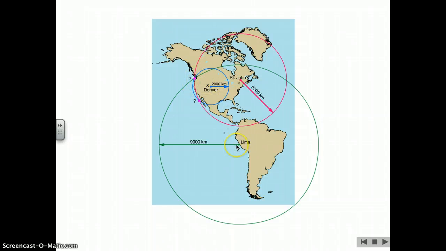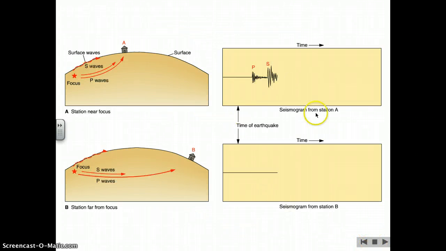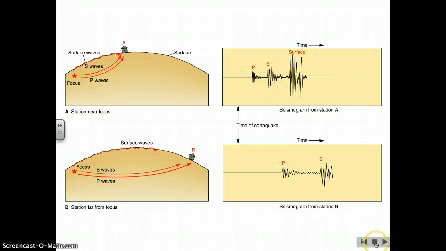In your own words, in the questions that I'm going to ask you after this video, I would like you to describe those steps so that you can see where we get this information. This 2,000, this 5,300, this 9,000, we have to go all the way back to these seismograms to figure that out.